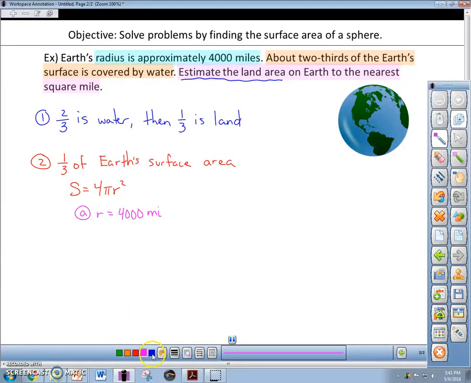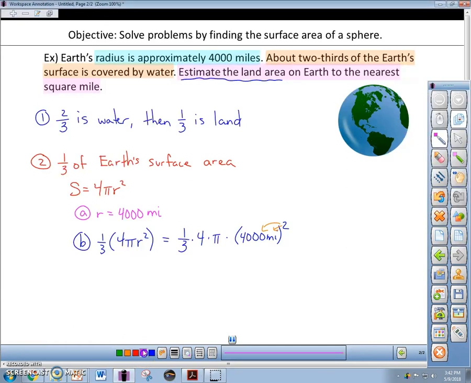And so if we want 1/3, our surface area would be 1/3 times our surface area formula of 4 pi r squared. So that is going to give us 1/3 times 4 times pi times our radius of 4,000 miles, quantity squared. And we have talked about how this means that we are squaring the 4,000 as well as the miles, which will give us square miles as our units.